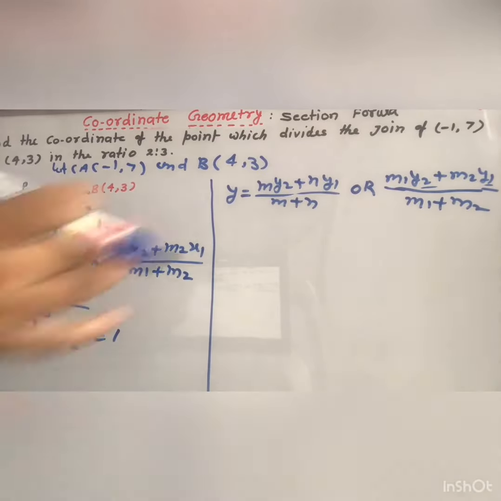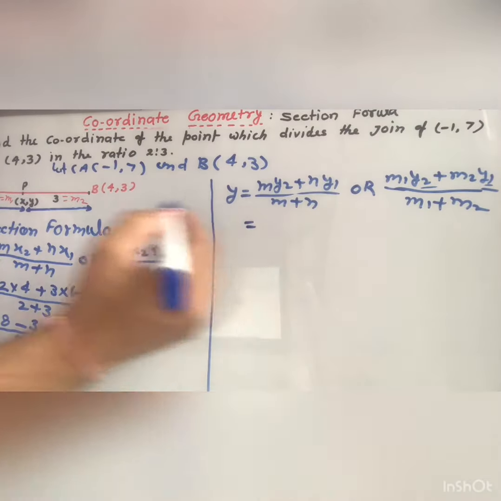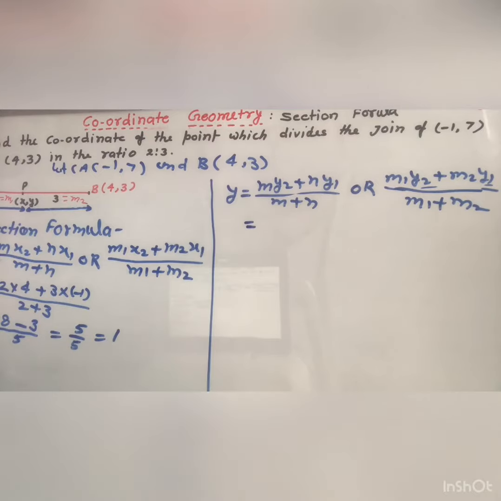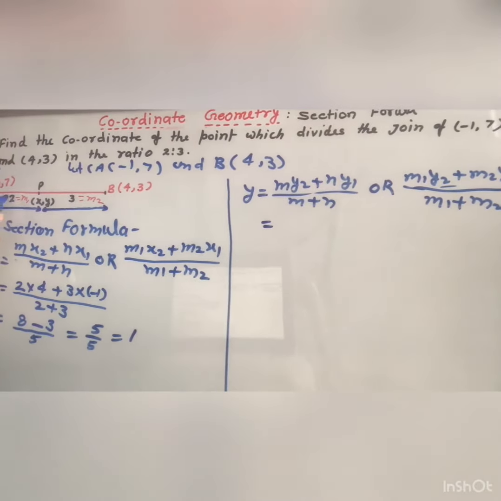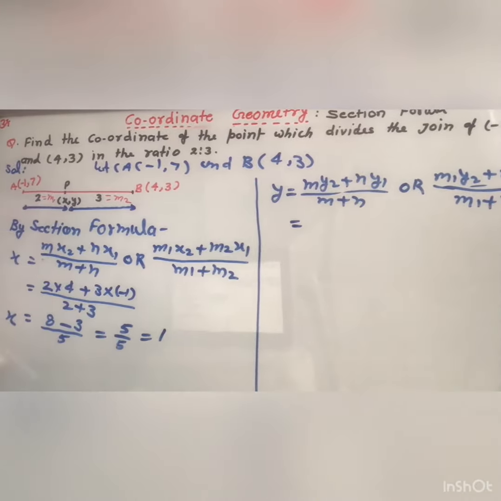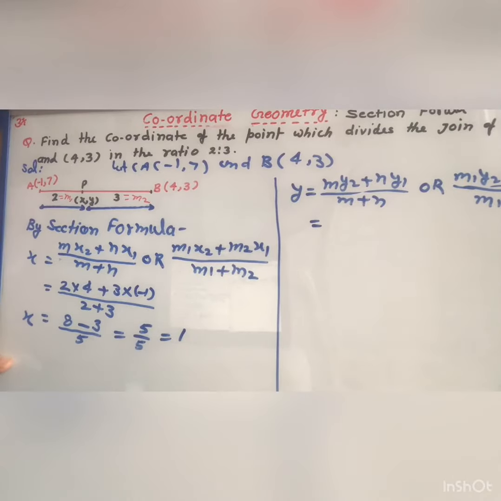Okay, so now m and n are the same, that is 2 and 3. This is y1 and this is y2: 7 is y1 and 3 is y2.